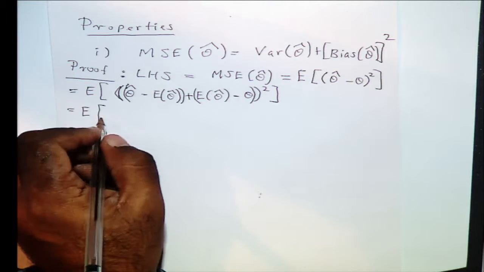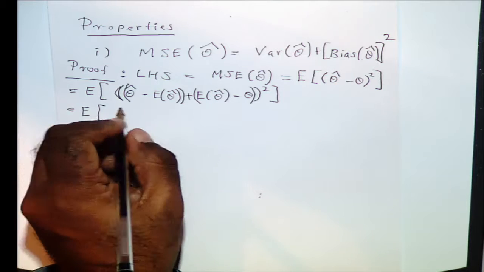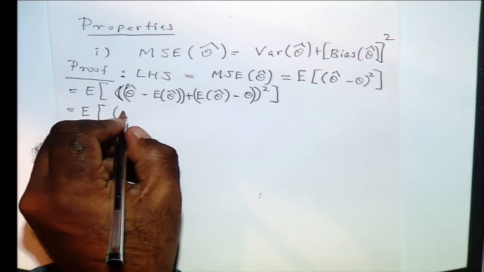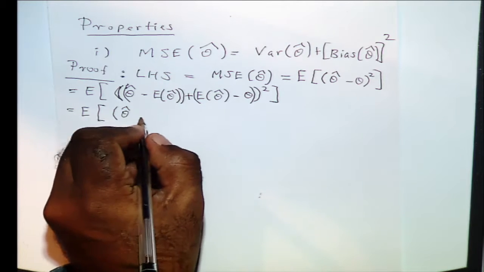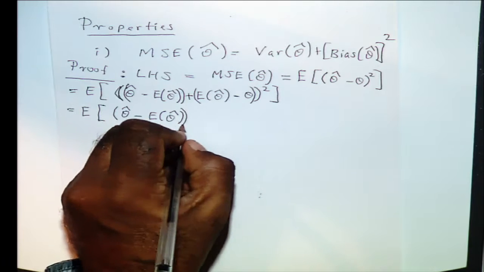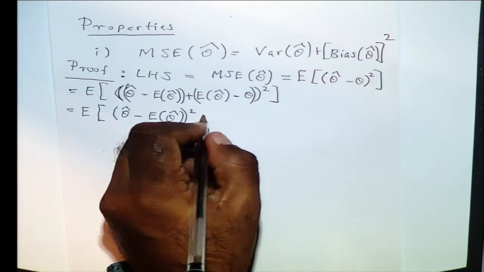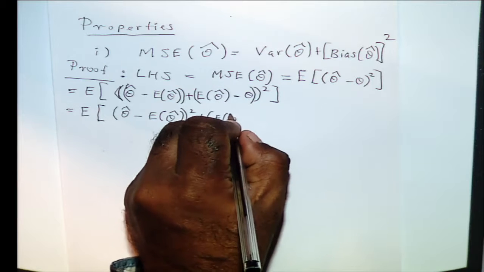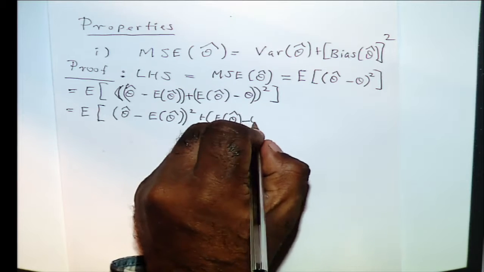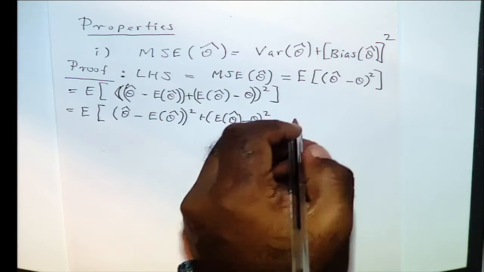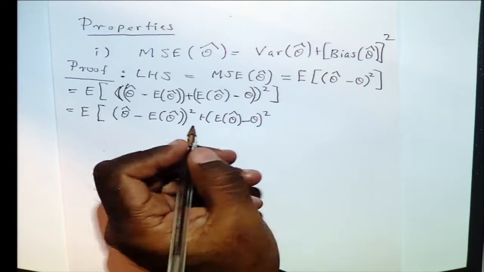Now, if you do the expansion, in other words, open the brackets, you get three terms. The first term is this, the second term is this, and the third term is this.